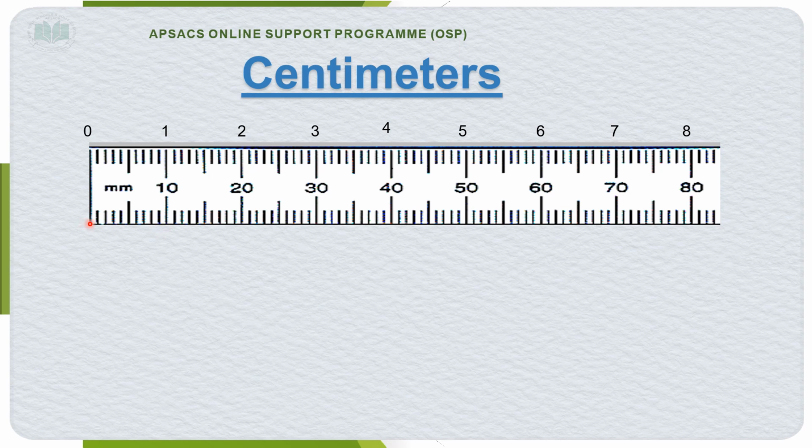So each 10 millimeters makes 1 centimeter. Is it clear? Now, from 0 to 1, there are 10 markings, so it becomes 1 centimeter.